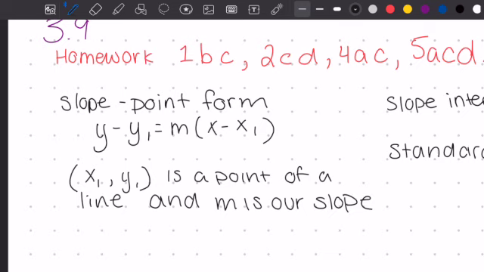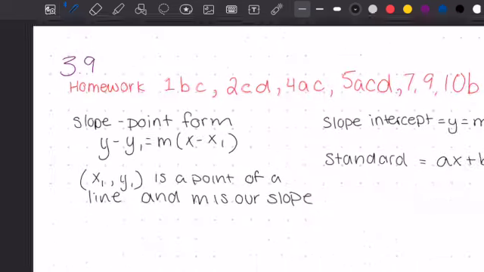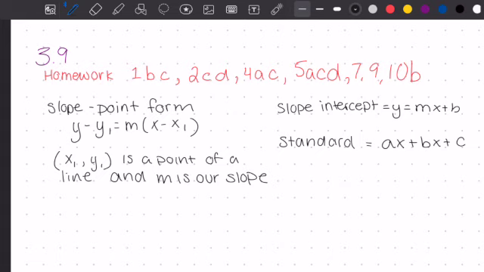It's a little bit different. It's similar to our slope intercept form, but it's not exactly the same. So I'm going to quickly show you how to use it, and then we're going to go into looking at some of our questions from our homework today.